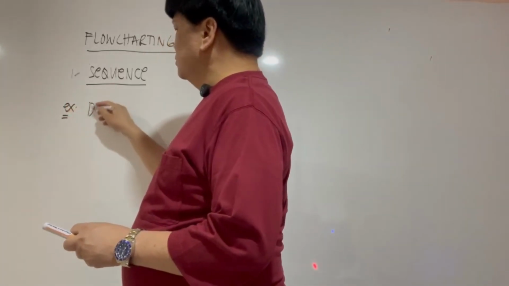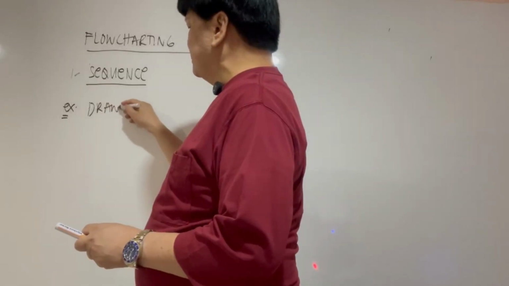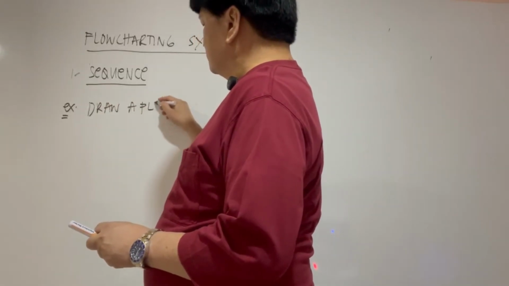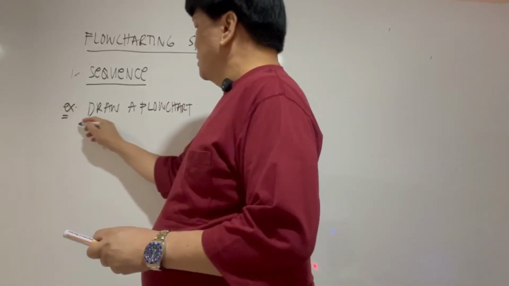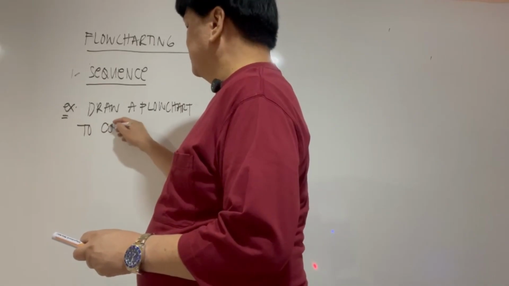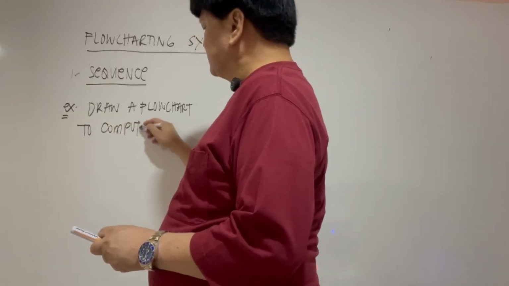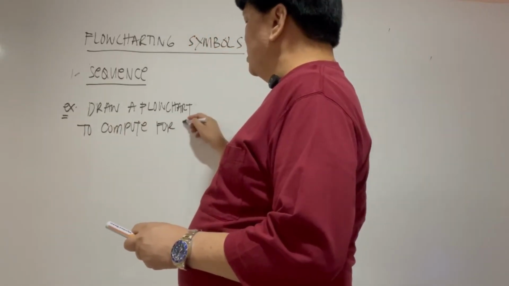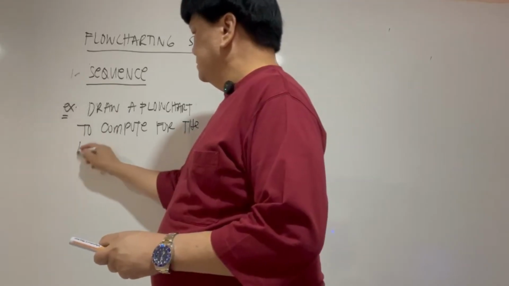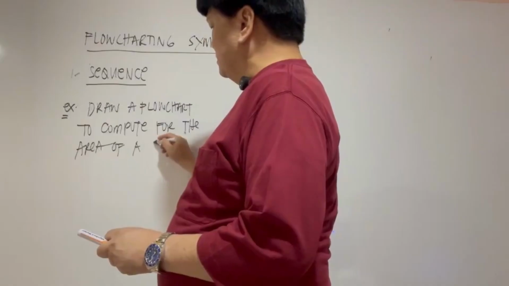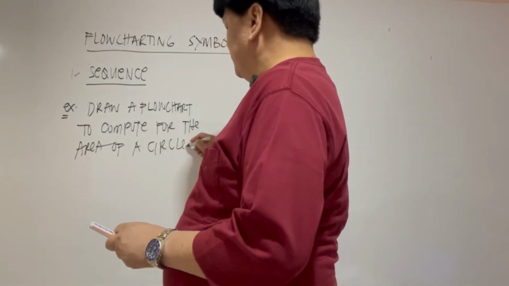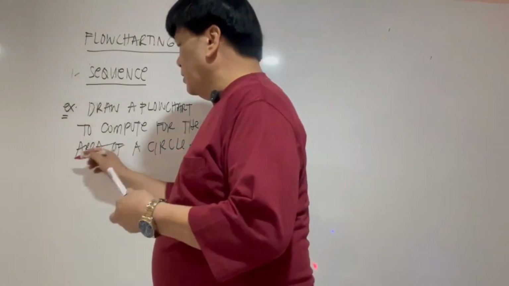Example: you're asked to draw a flowchart to compute the area of a circle using the following variables.